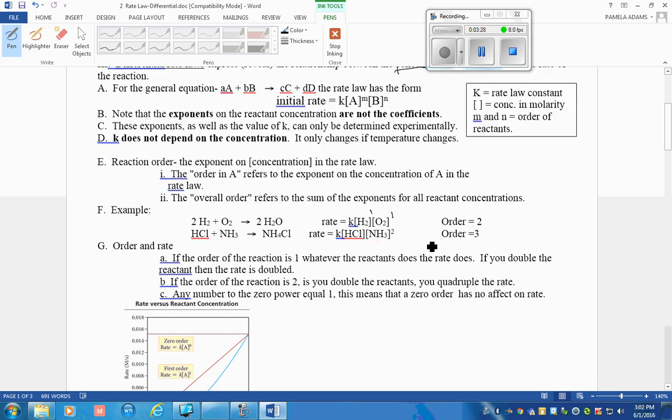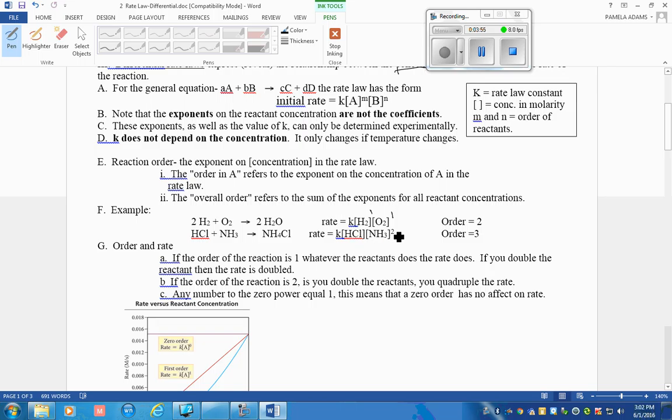Let's see what this overall order means. If the order of the reaction is 1, whatever the reactants do, the rate does. So if you double the reactants, then the rate would double. If the order of the reaction is 2, then if you double the reactants, you quadruple the rate.